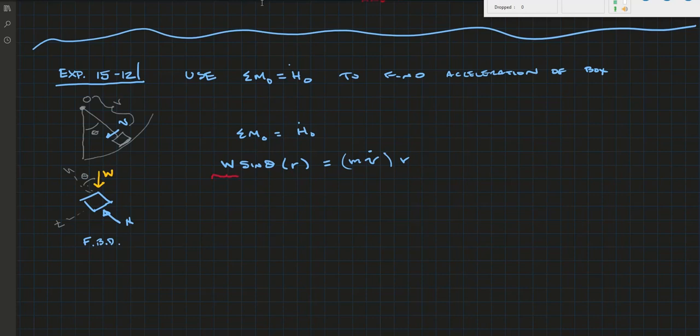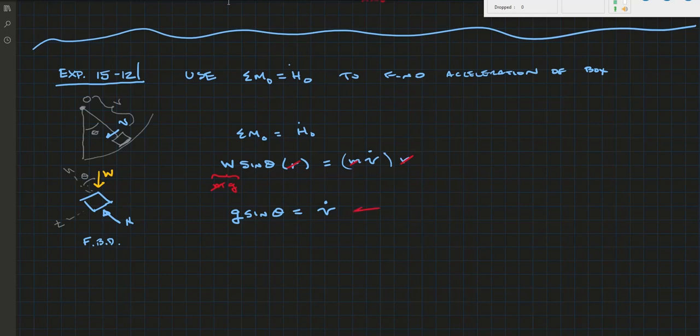Okay, and then in this formula we can cancel quite a bit. W we can think of as mass times gravity. So we can cancel out m, and we can cancel out r here. And we're left with g times sine theta equals v dot.